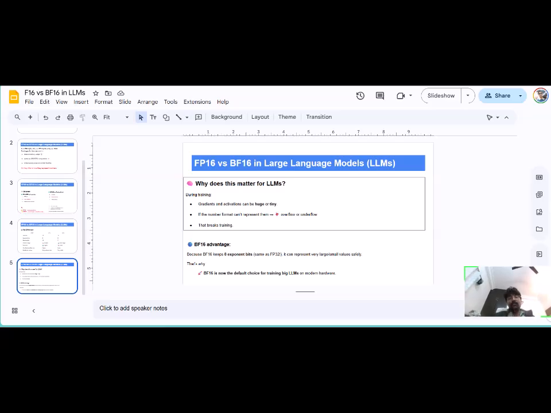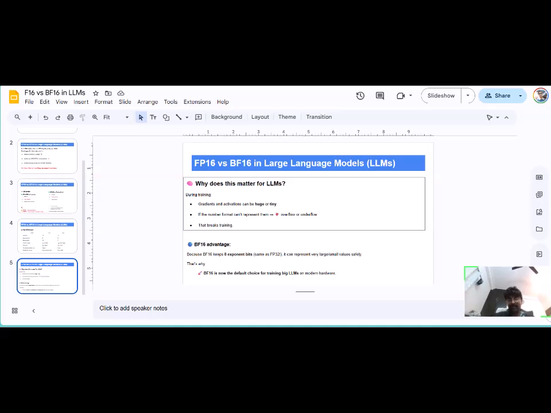Okay, now we know mathematically how BF16 and FP16 differ. Now we want to know how it will impact the model. Why does this matter for the LLM? And what is the advantage of BF16 if you use it for training?